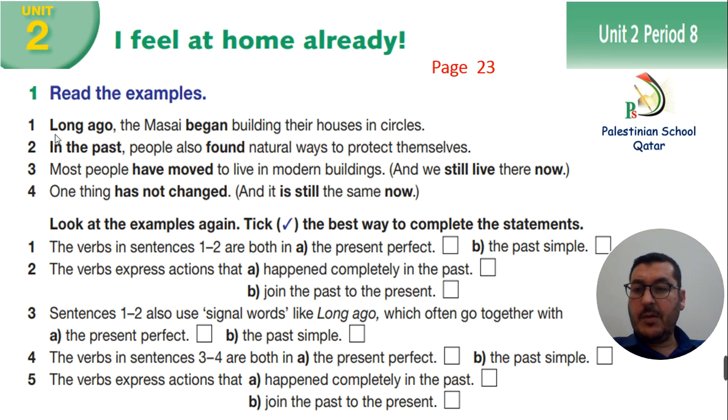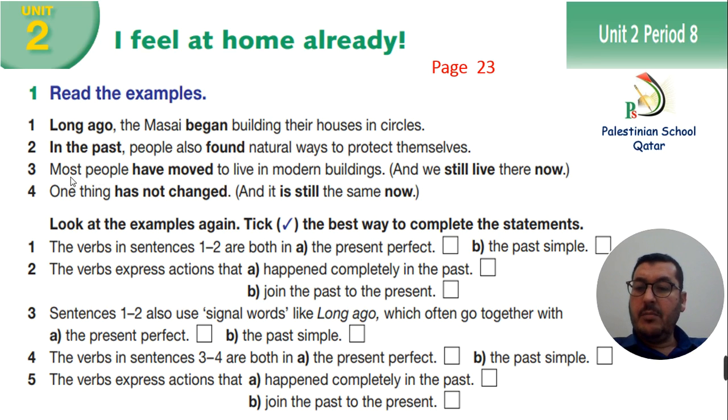So the first, number 1, is in the past simple because we have at the beginning the keyword for the past, ago. Number 2, in the past, is also related to the past. People also found natural ways to protect themselves. So number 2 is also past simple.